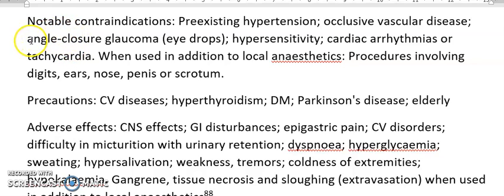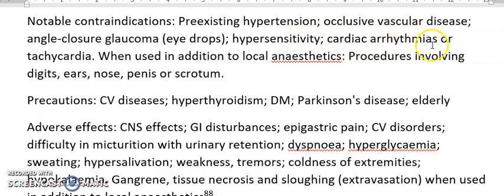And then angle closure glaucoma, when your intraocular pressure is increased. This might cause blindness, so you don't want to make it worse by giving adrenaline. And then hypersensitivity, when you have an allergy to adrenaline, you would like to avoid giving it.